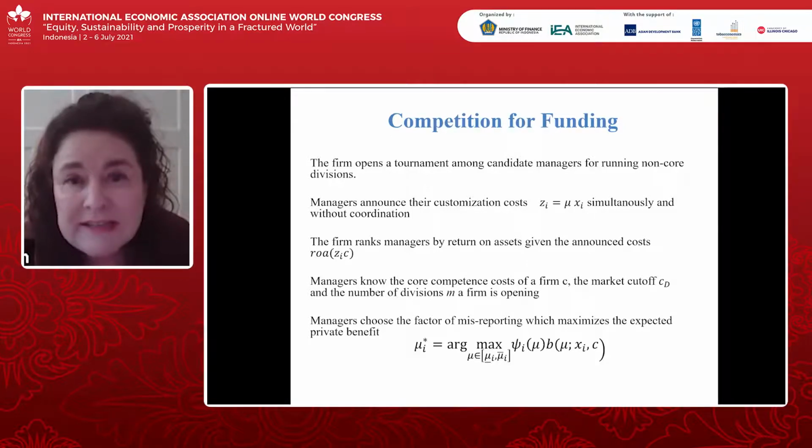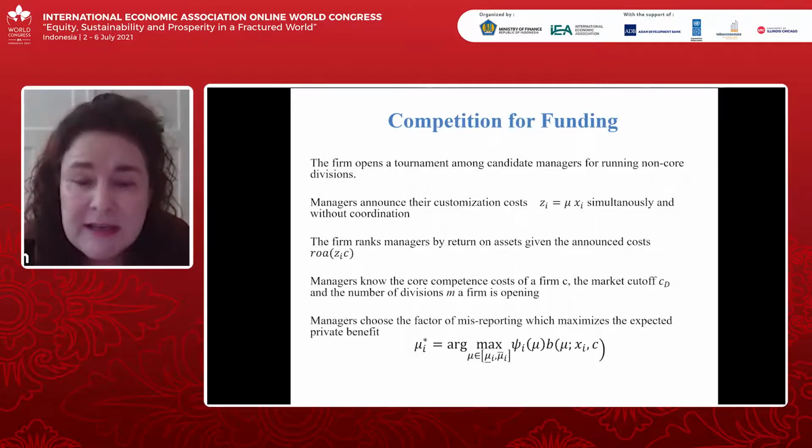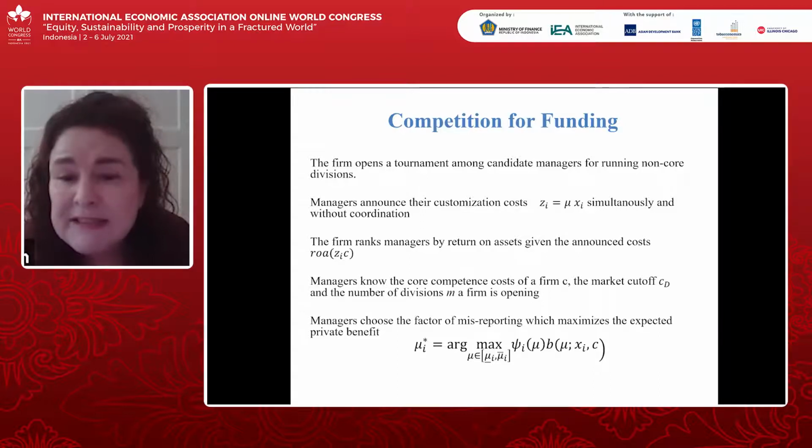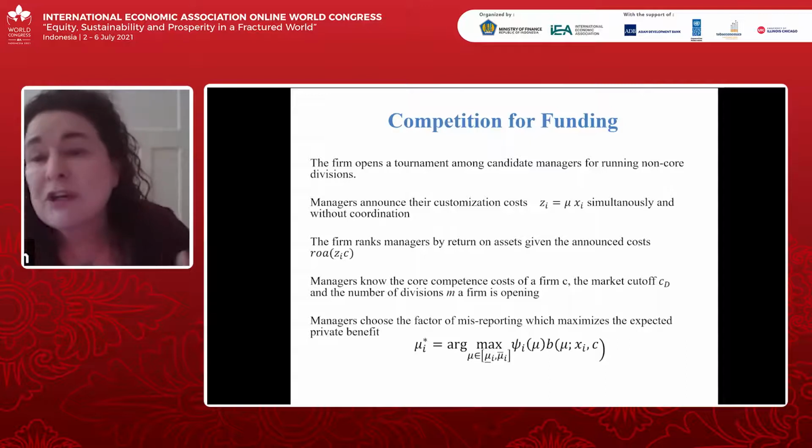So when you look at this equation for the misreporting factor mu I that maximizes the private benefit of the manager, you see this capital gamma, which is the probability of getting funding. So basically, the manager wants to over-report as much as possible.